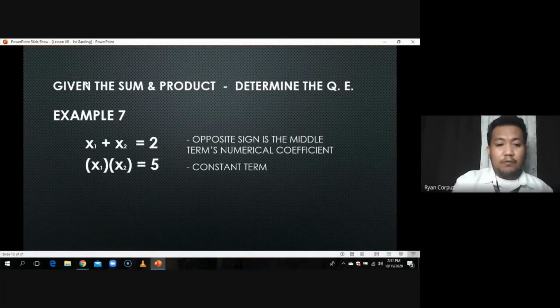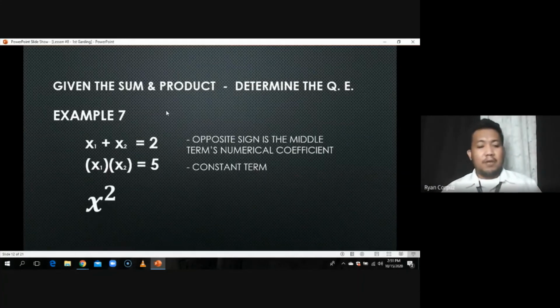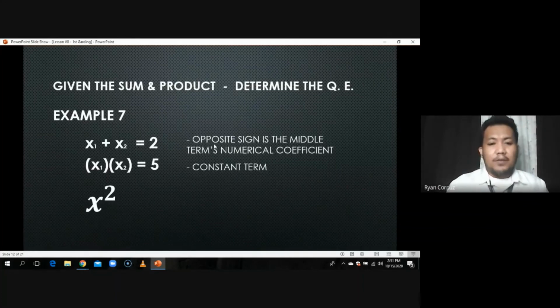So if we're going to find out the quadratic equation with this sum and product of the roots, we come up with the first term x squared. That is the quadratic term. Then the opposite sign of the sum will be the middle term's numerical coefficient. Positive 2 becomes negative 2, which is its opposite sign. So it becomes negative 2x.